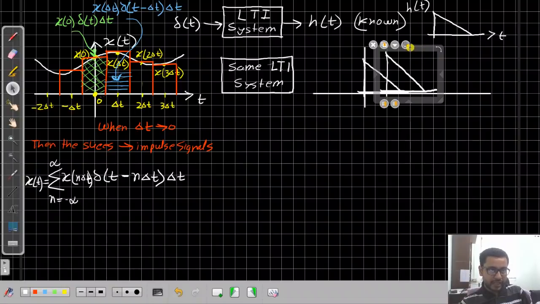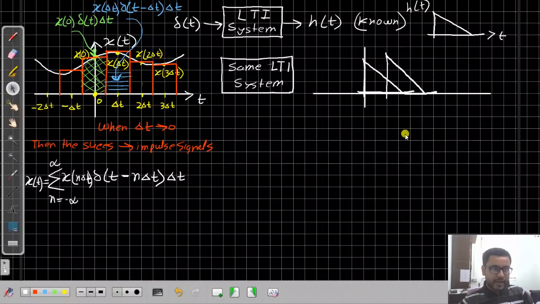Maybe that will be slightly larger than the previous one, like this. Okay, and that I will put at t equal to delta t. This is 0, this is delta t, then say this is 2 delta t, then this is 3 delta t, and so on.